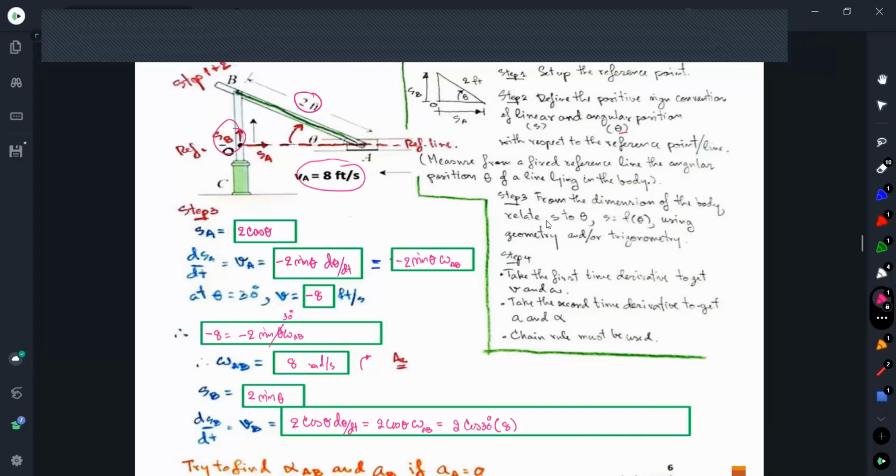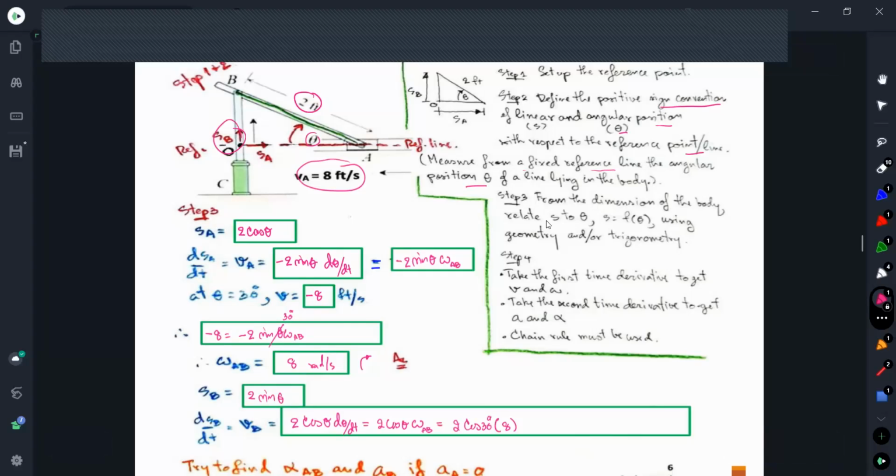We define the positive sign convention of linear and angular position S and theta with respect to the reference line and reference point. We measure from a fixed reference line the angular position theta of a line lying in the body. So if we consider theta, in this case clockwise is positive.